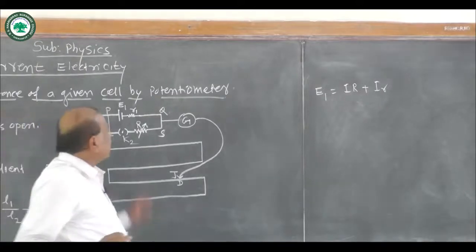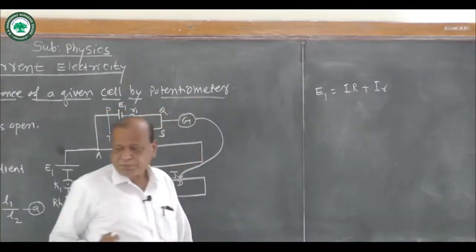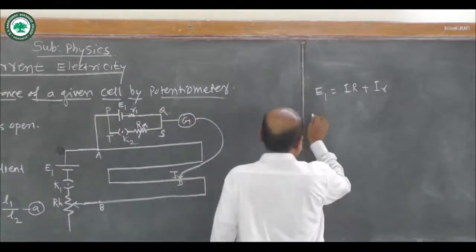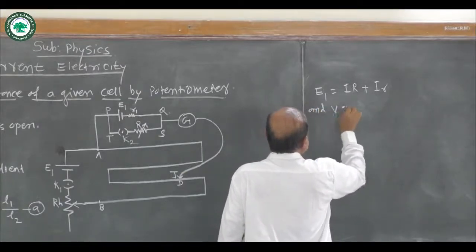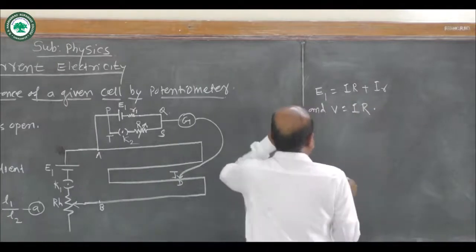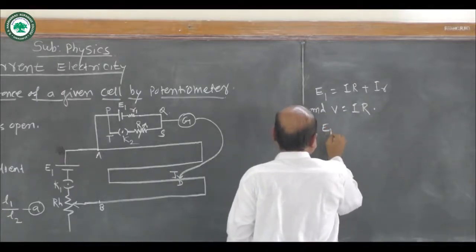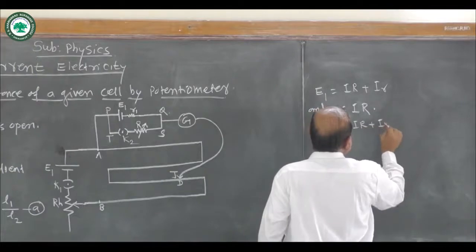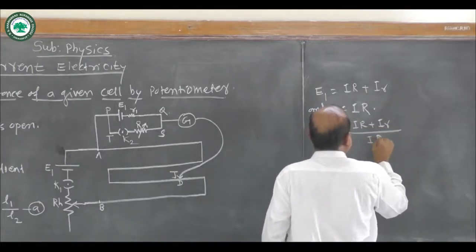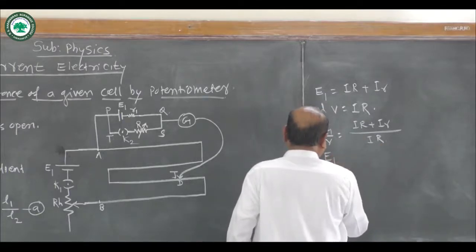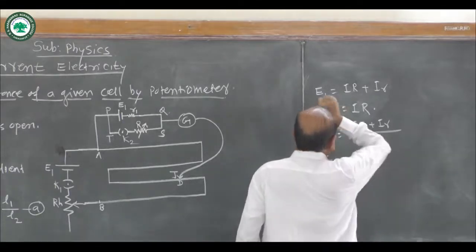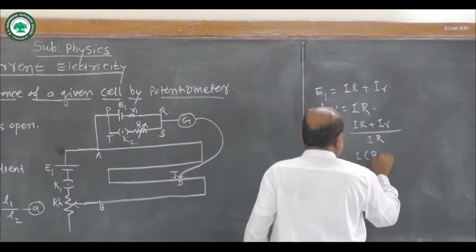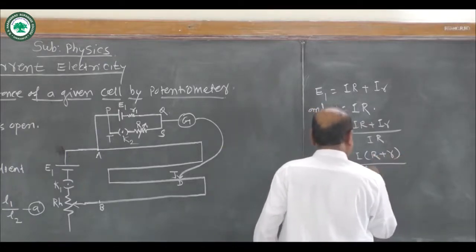Therefore, E1 by V is equal to I into R plus r divided by IR.